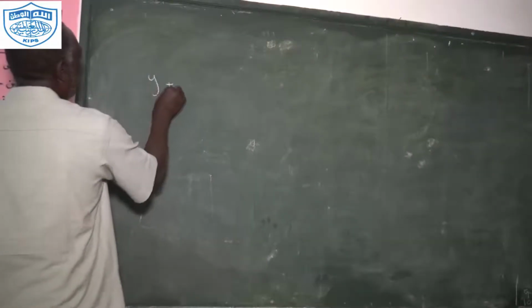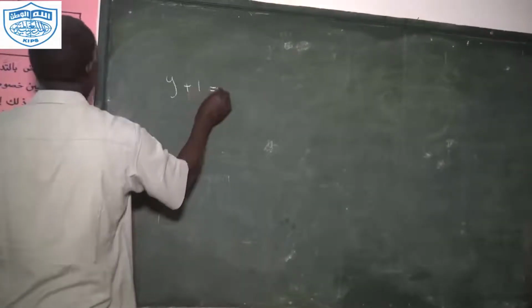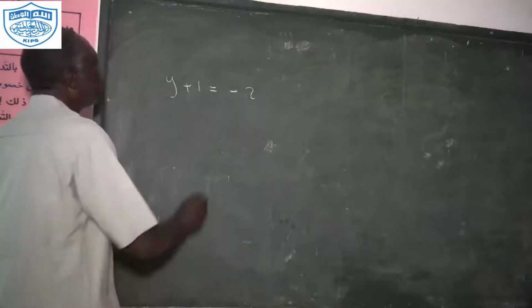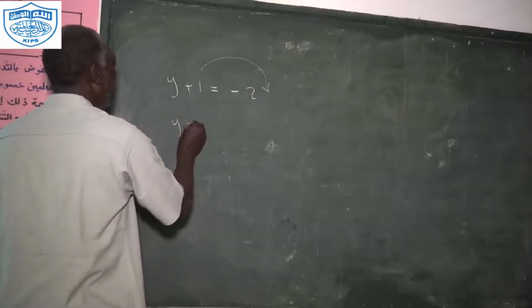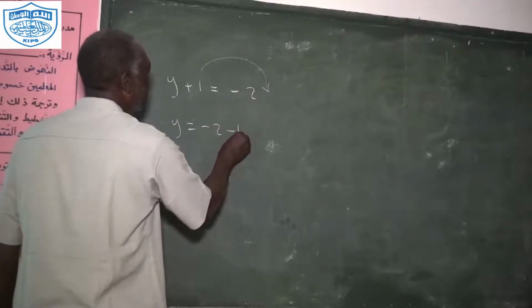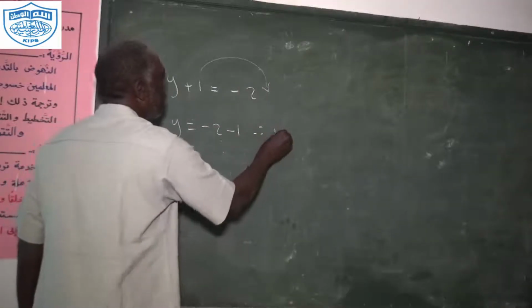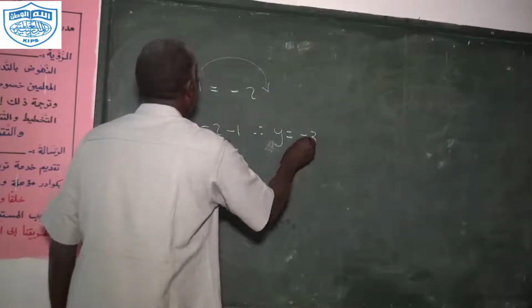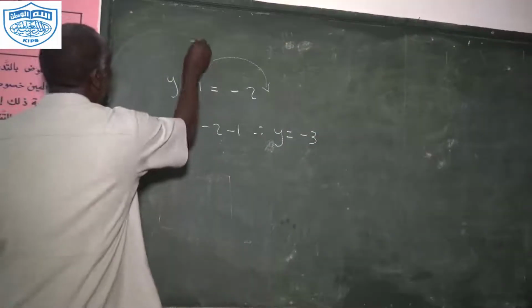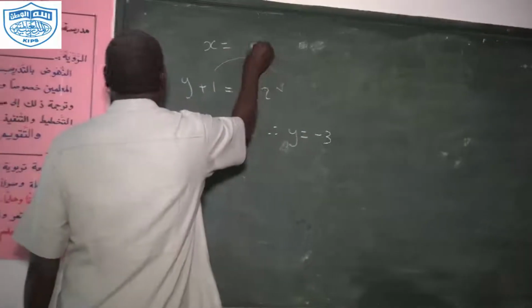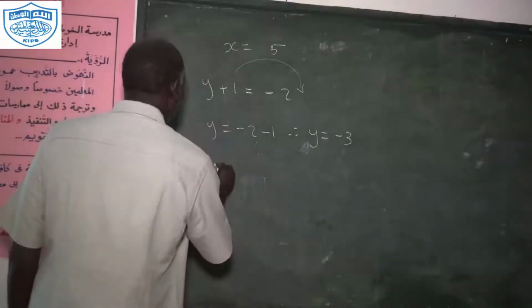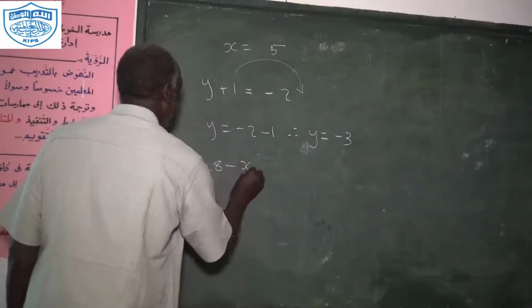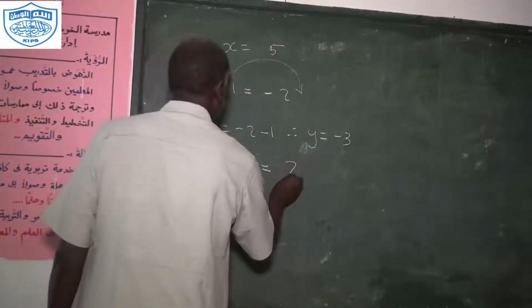Y plus 1 equals negative 2. You move positive 1 to the other side and change the sign. So y equals negative 2 minus 1. Therefore, y equals negative 3. We find that x equals 5. What about z? We have 8 minus x equals z.